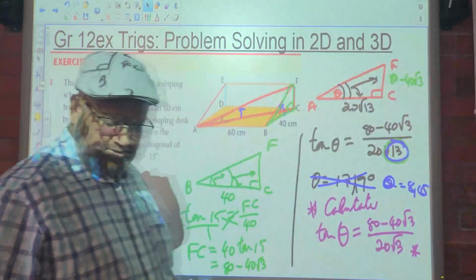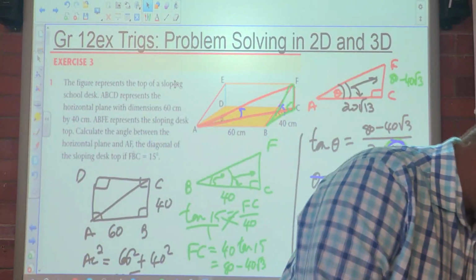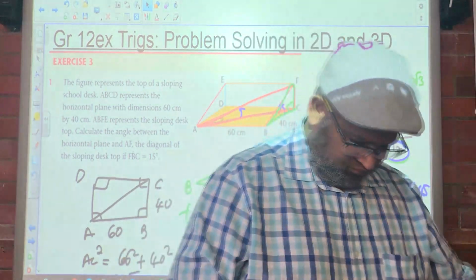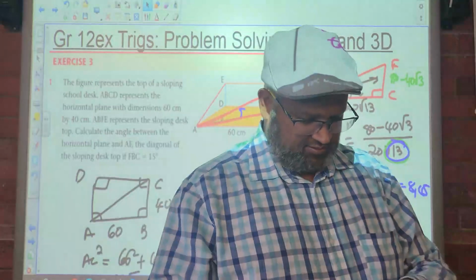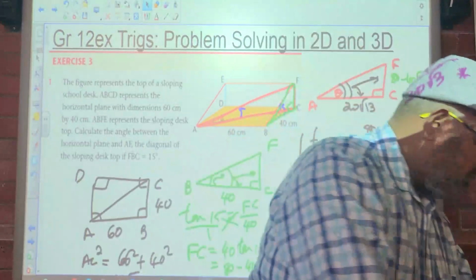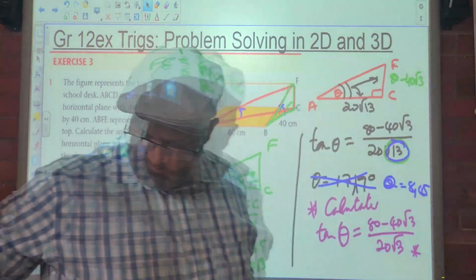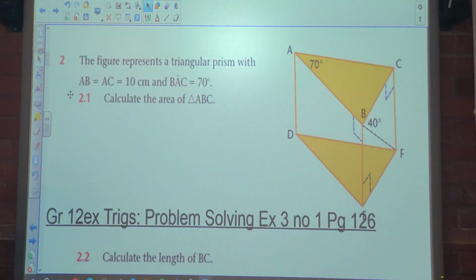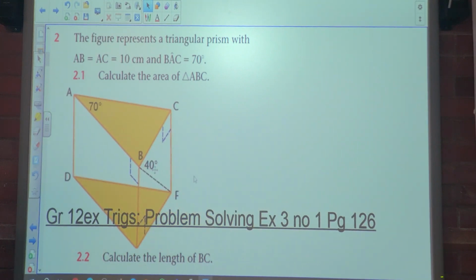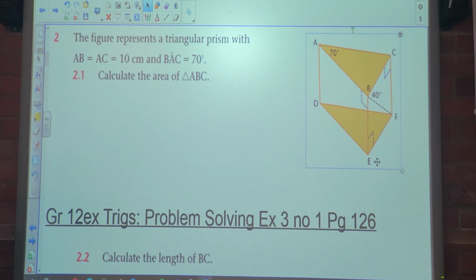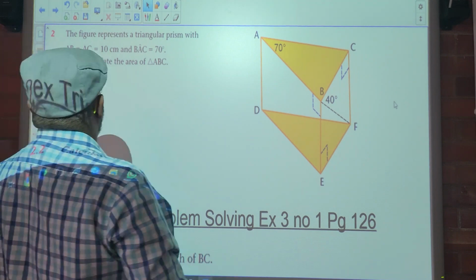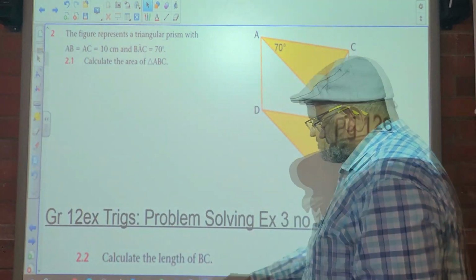Okay, so let's look at number 2. In number 2, we are told that the figure represents a triangular prism with AC equals AB, which is equal to 10, which is not on the diagram, so I'm going to write that in.